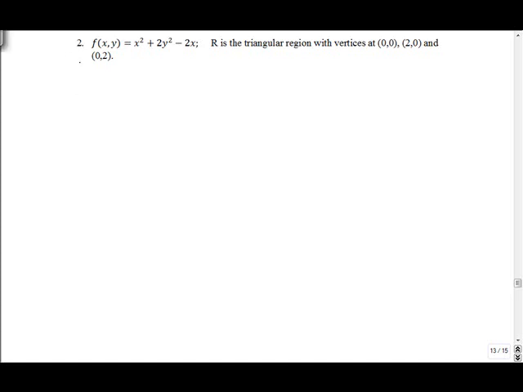Let's draw that region. Zero, 0, 2, 0. There's something missing there. 0, 2.